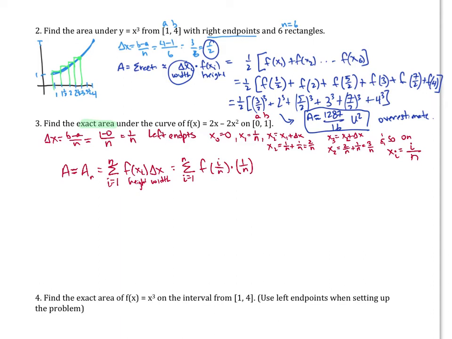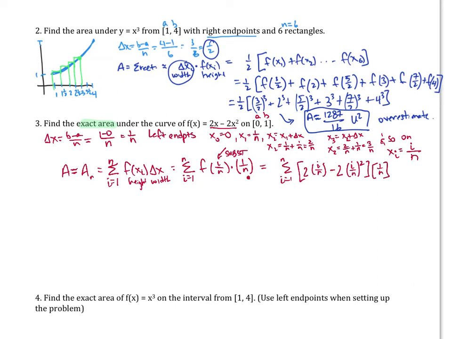But I'm going to hold off on doing that just for a minute here, just so that I can continue on. And so I'll end up with the sum from i equals 1 to n, and I'm going to substitute this one in right here into my equation. So that will end up being 2 times i over n minus 2 times i over n squared, right, times this 1 over n that I have out here.